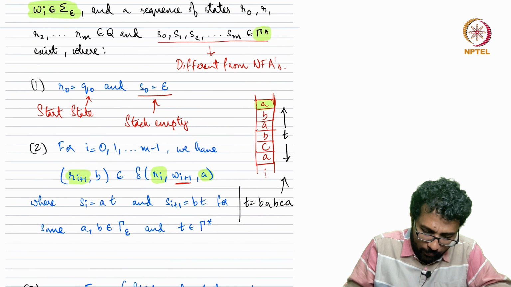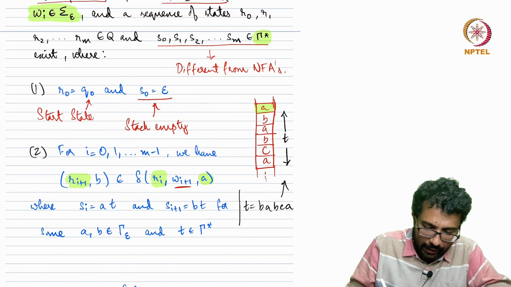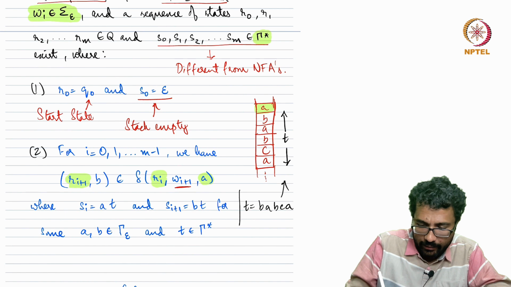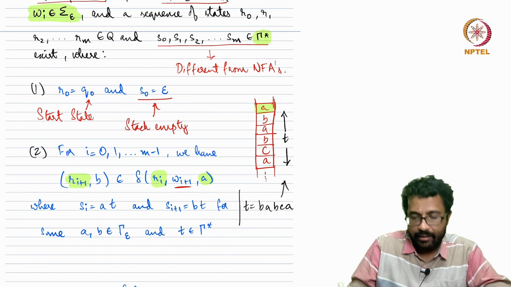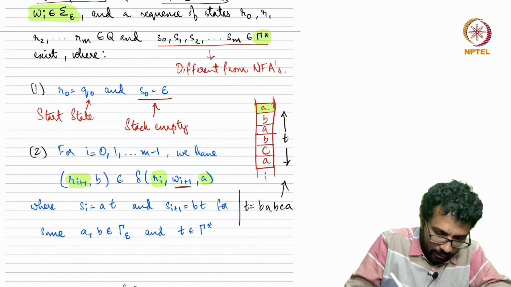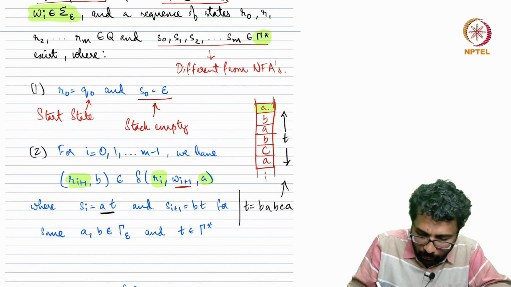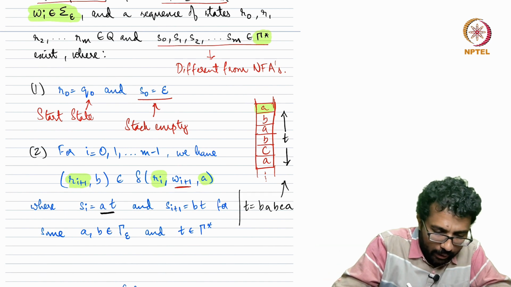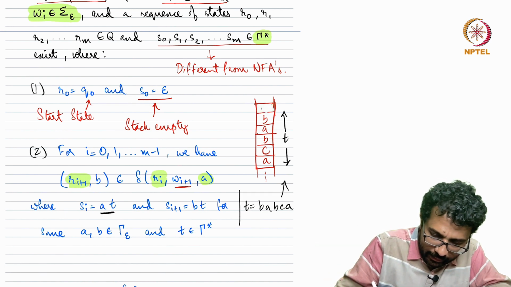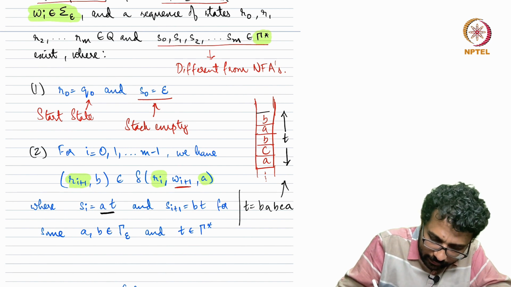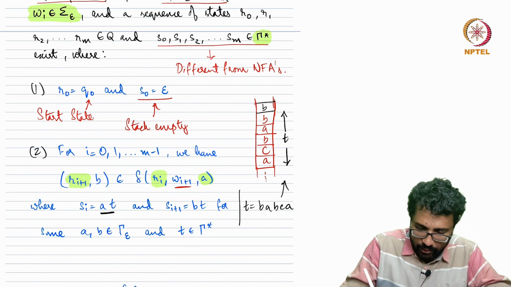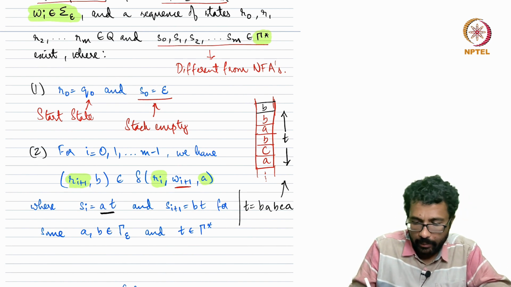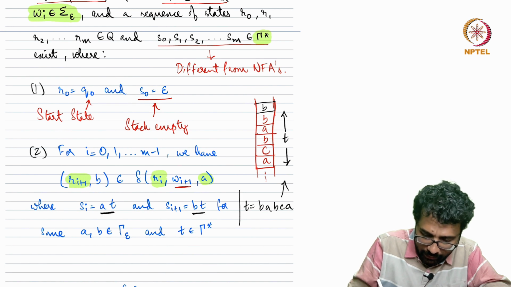Which means before the transition, the stack content was A followed by T, because we saw A, and the rest of the stack content we are calling T. Now A was read in this move, and we wrote B. So A was erased and we wrote B, and now A followed by T is changed to B followed by T. So AT is replaced by BT.